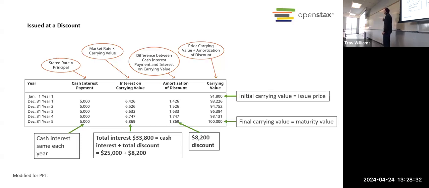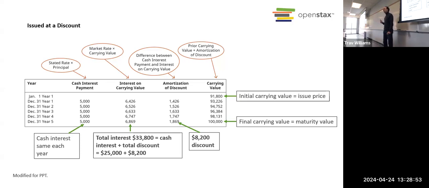And in this case, because we sold the bond at a discount, the interest expense is increased. It's the $25,000 that we paid out plus the $8,200 amortization of the discount.